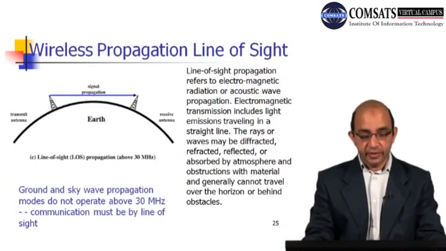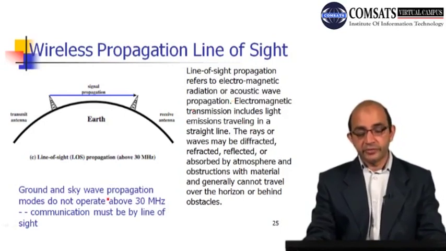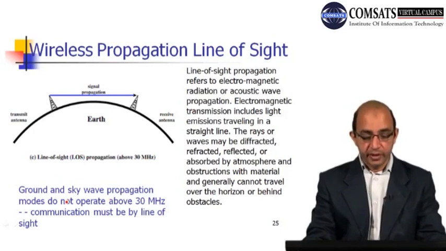Wireless propagation, line of sight. So you can see this is the contour of the earth, and here we have the transmitting antenna and receiving antenna, right? Line of sight. So it actually works above 30 megahertz. The reason for this line of sight communication is that the ground wave and the Skywave propagation cannot operate above 30 megahertz.